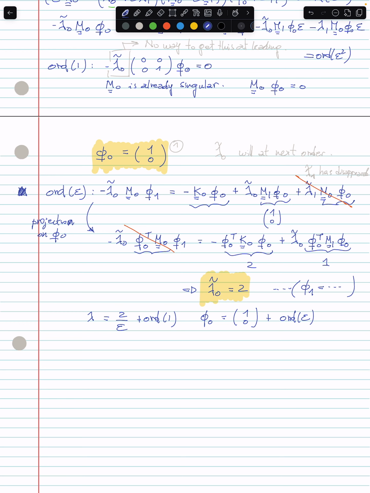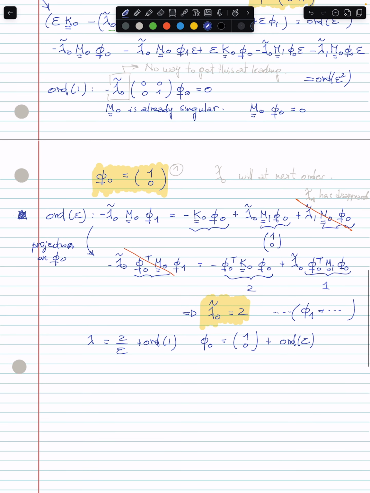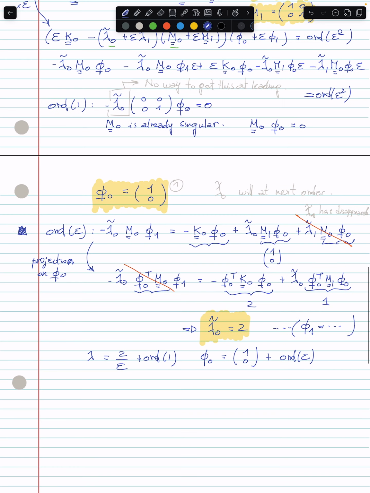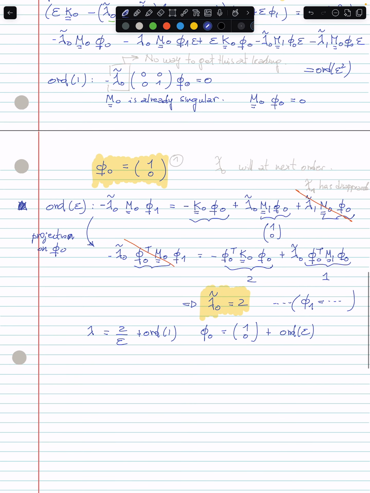What this says is that we have, in the problem, a second vibration mode, which is like this, and where the first degree of freedom is equal to 1.